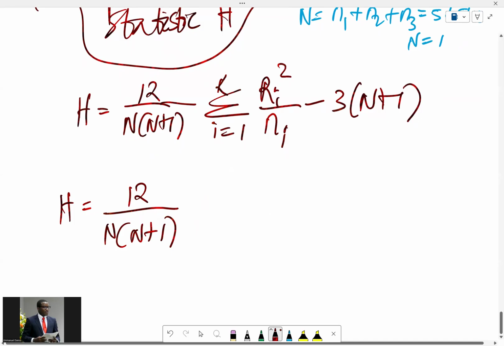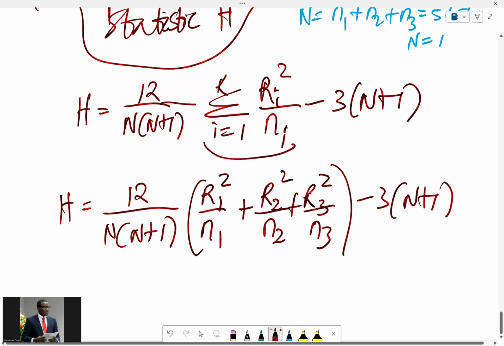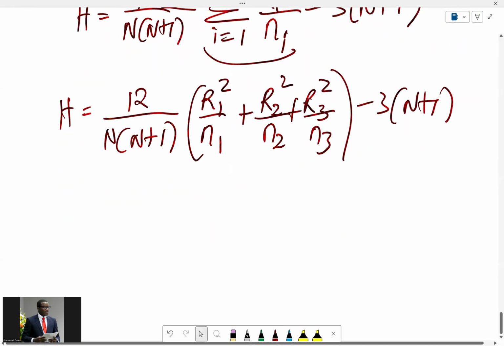The summation of Ri squared over ni simply means, since i is from 1 to k and there are three groups, that we have R1 squared over N1 plus R2 squared over N2 plus R3 squared over N3. And then minus 3 into n plus 1. If you have four groups, you just extend that to 4. So again, let me list these out. Big N is 15 because we have 5, 5, 5 across three groups.